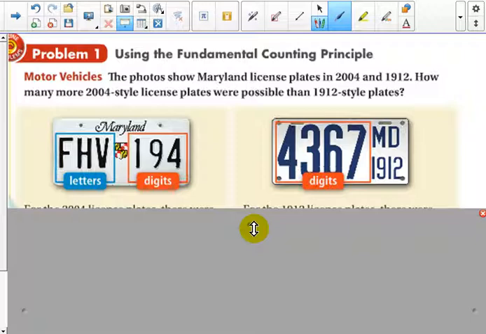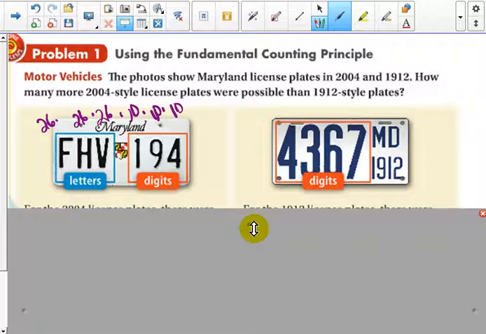So this is going to be 26 possibilities, 26 possibilities, and 26 possibilities. And for digits, we have 0 through 9, so that's 10 different digits. So 10, 10, 10. And if we want to find out all the combinations, we're going to multiply all these together.